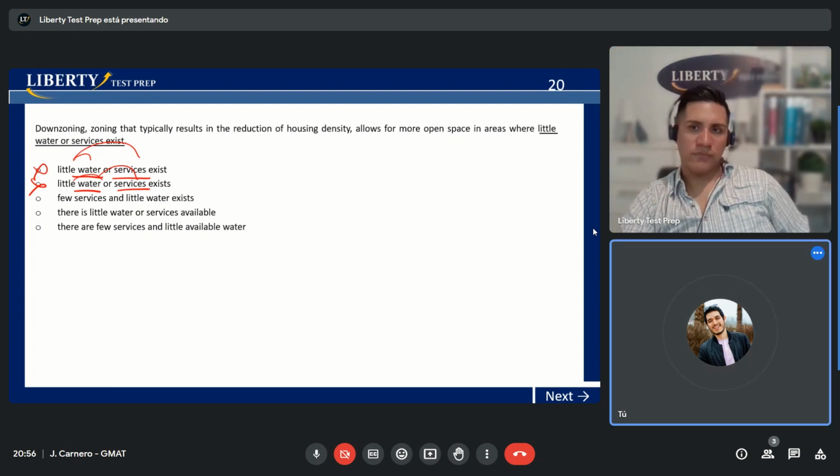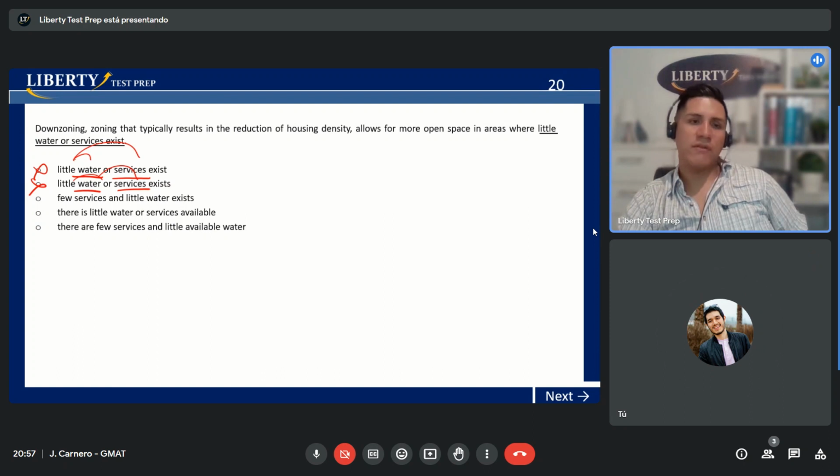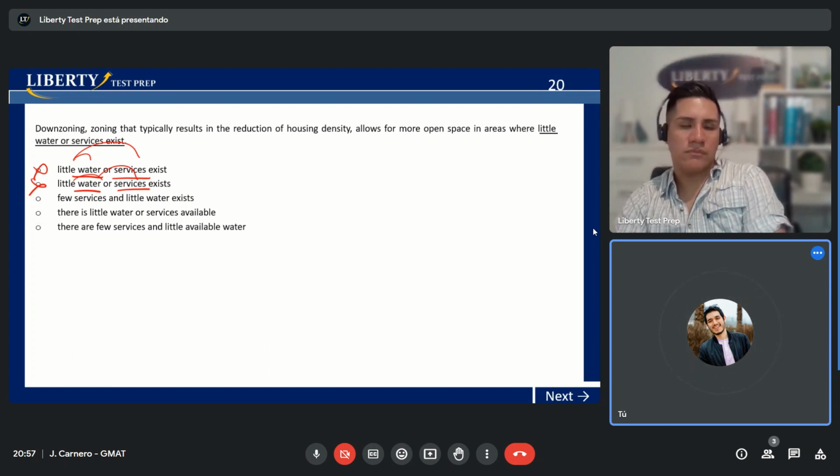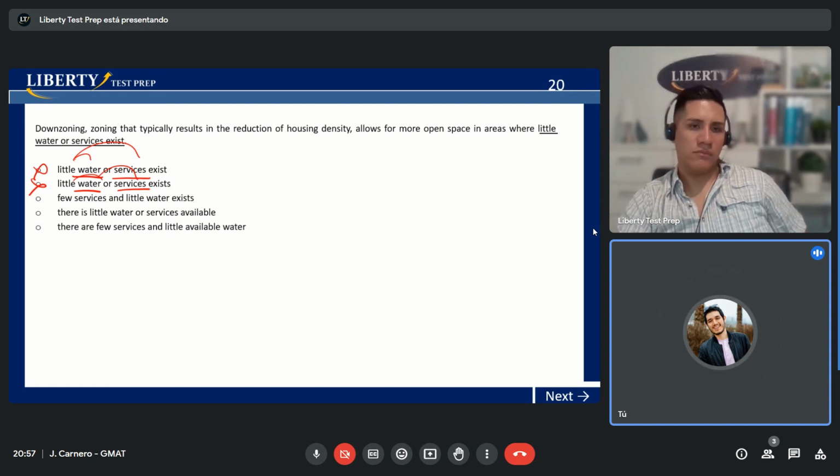Little available water. Available is also an adjective. Yes, available is an adjective. There is little water or services available. So in this case, they're changing the conjunction.